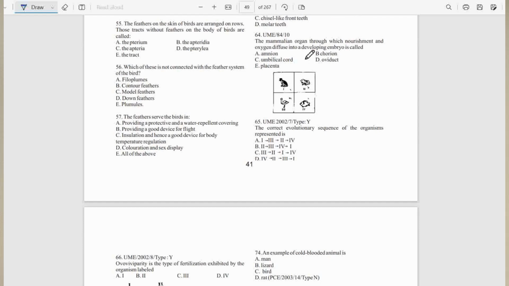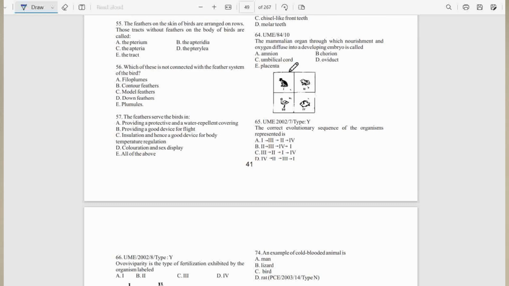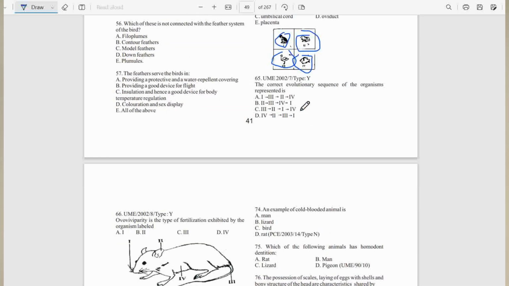Now this, okay, let's look at this question. This table, I think this is 2000 and this is 2002. The correct evolutionary sequence of the organism is represented thus. Now, if you look at 1 here, this is cat, I think. 2 is amphibian. 3 is bird. And 4 is fishes. Now, the evolutionary trend, where is it starting from?